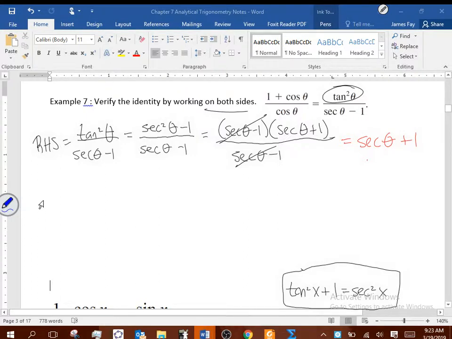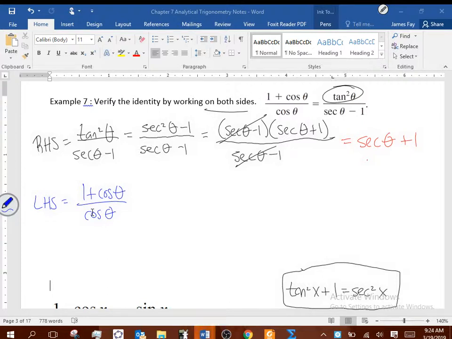So I grab the left-hand side. And it's 1 plus cosine theta over cosine theta. And there's a couple different things I could do here. I think the most obvious is to realize that 1 plus cosine theta over cosine theta is basically two fractions with a common denominator of cosine theta. Those two fractions would have been 1 over cosine theta plus cosine theta over cosine theta.